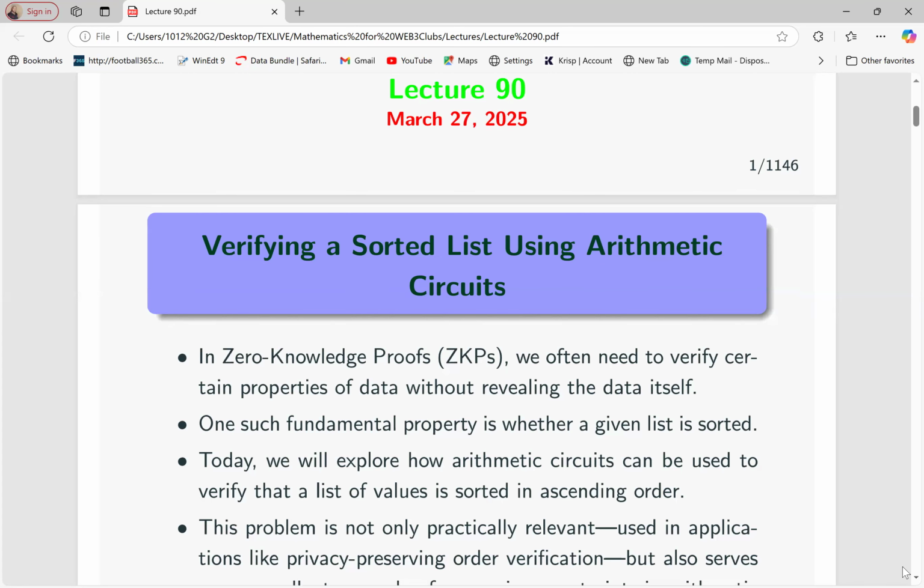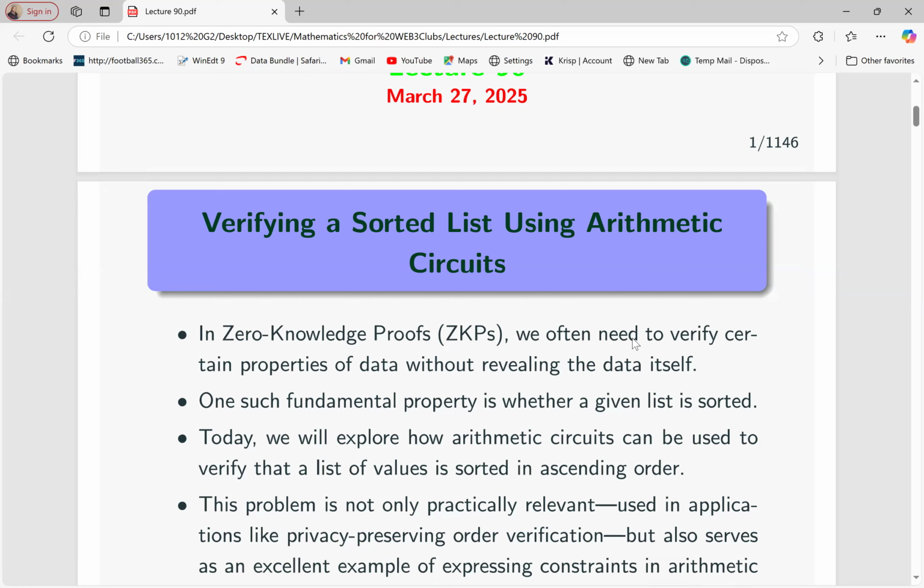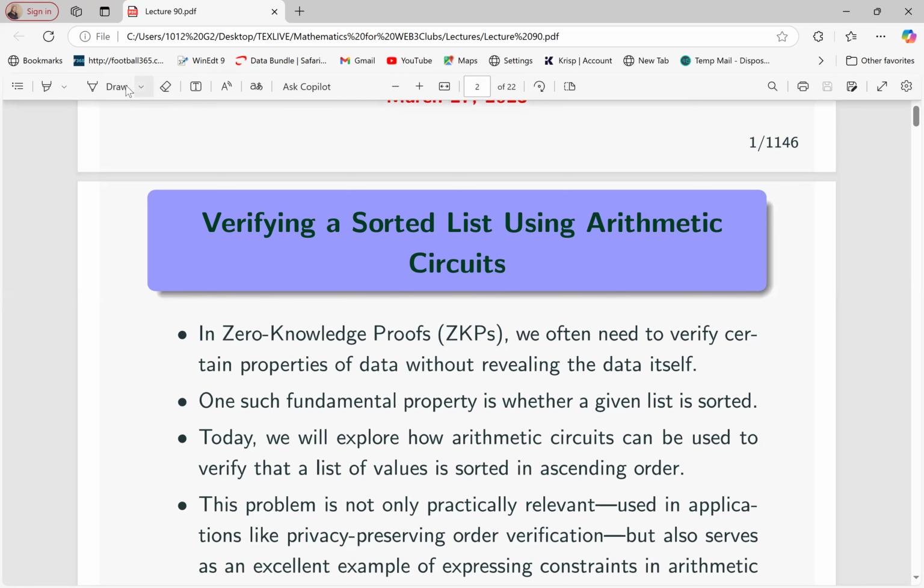So the knowledge of sorted lists, identifying if a list is sorted, that is, if a list has been arranged in ascending order, is not only practically relevant, but is used in very many applications like privacy-preserving applications.